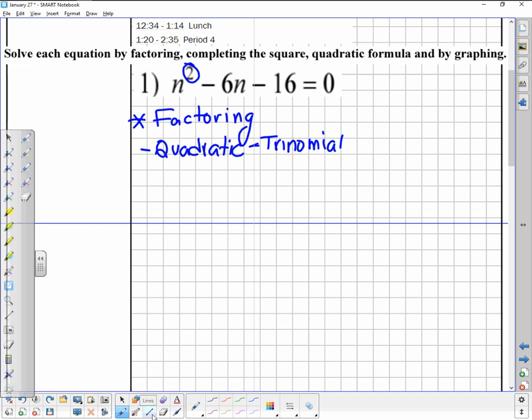Okay. So the way to factor quadratic trinomials is you're going to do what we call the X-box method. The X-box method will look like this. That's the X, and this will be the box.